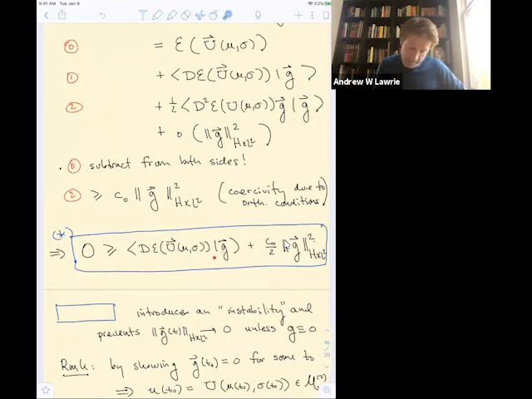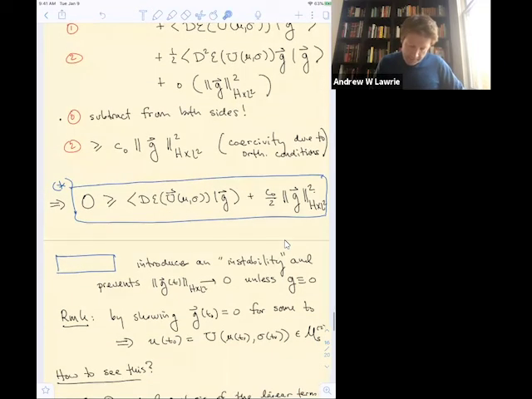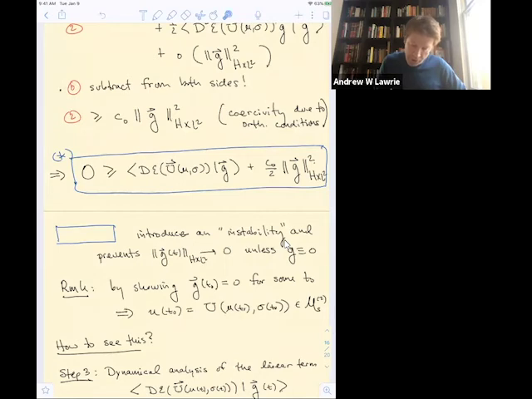I have some information about this linear term. What I'll show is, I know that G should tend to 0 as t goes to infinity, and that this inequality is going to prevent this from happening unless G is identically equal to 0.